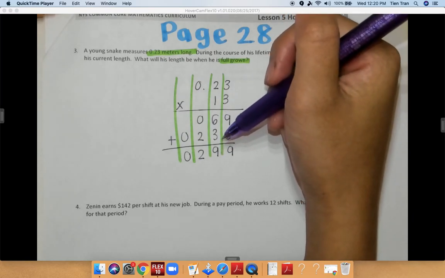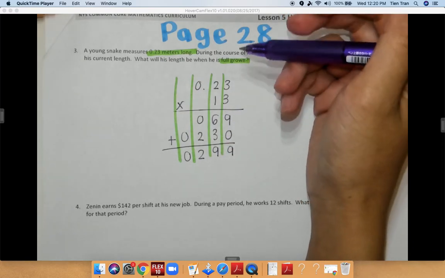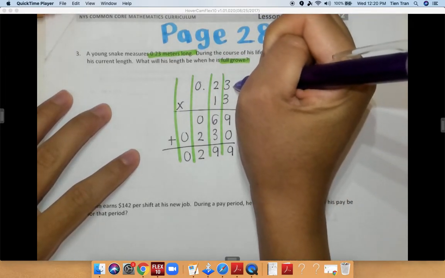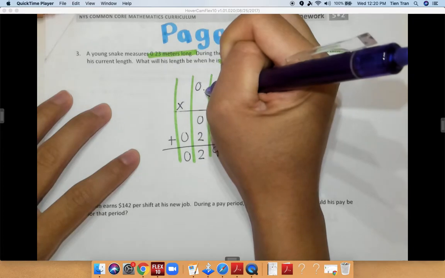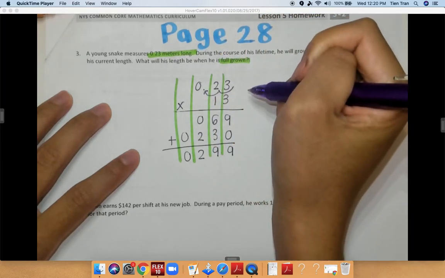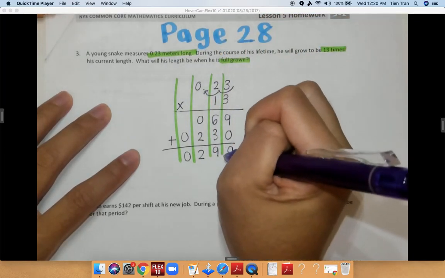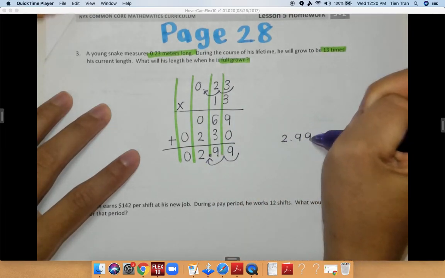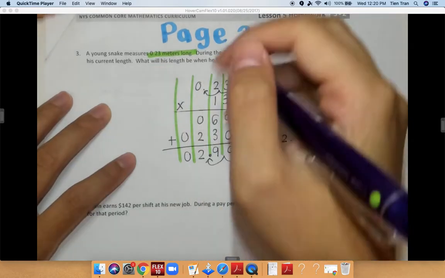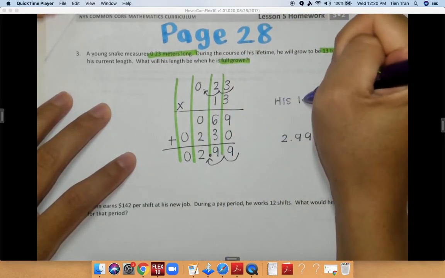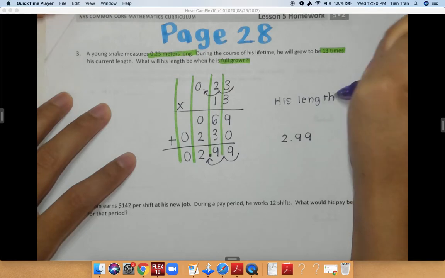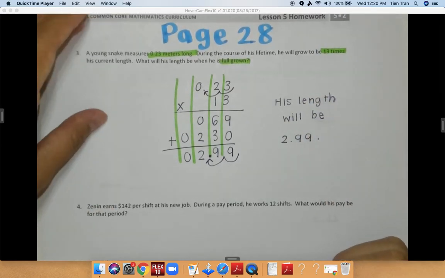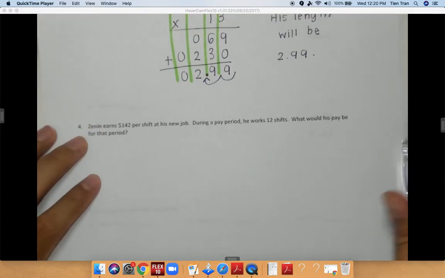How about 2.99? That is a possibility, right? That is the best chance. Another way to find out where to put your decimal is if you are moving your decimal over twice in your problem, you are going to do the exact same thing in your equation. So your final answer is 2.99, okay? So his length will be 2.99.